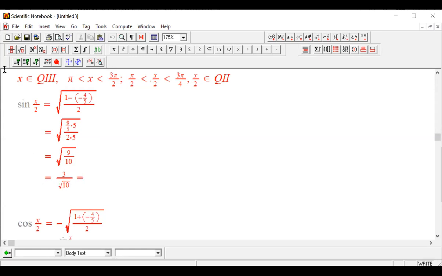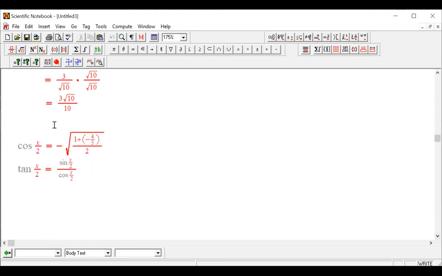And rationalize it, so we get 3 over 10 multiplied by square root of 10. Provided you know how to rationalize it, you just multiply root 10 over root 10, so that's how we get there.